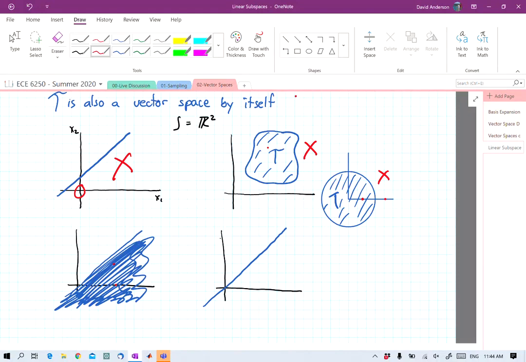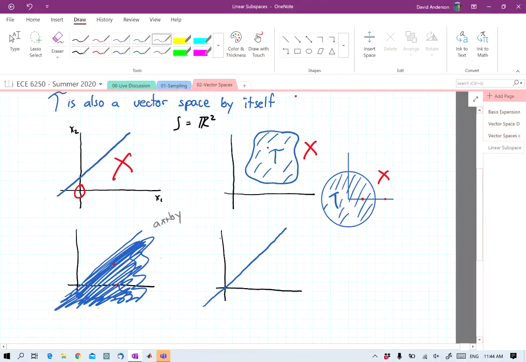Well, under vector addition, could I get outside of this space? Certainly. We want this to be closed under ax plus by.